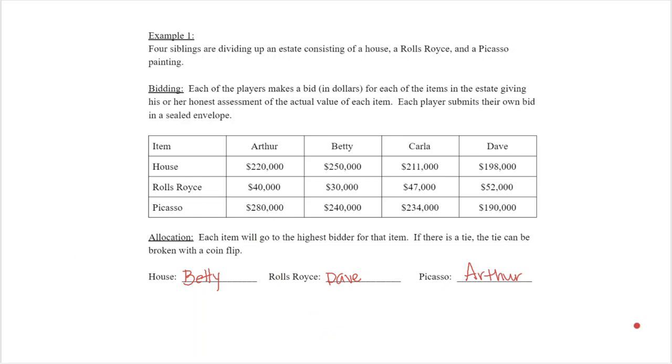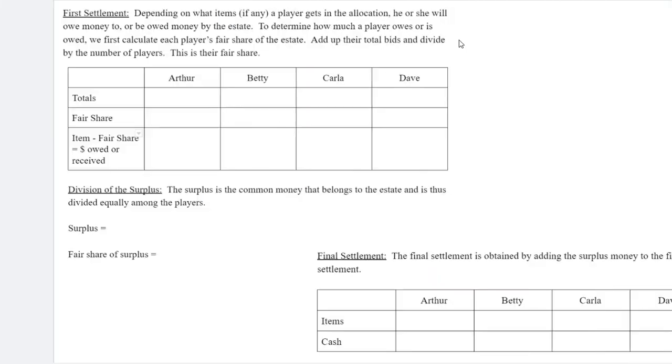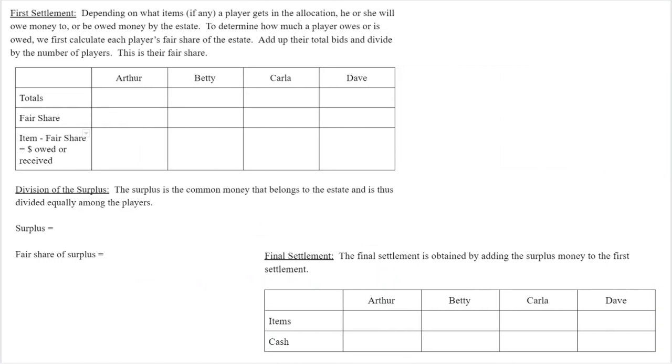Now we have to even everything up. For the first settlement, it depends on what items a player gets, whether they owe money or whether they are owed money. To determine that, we first need to know what each player's fair share is.